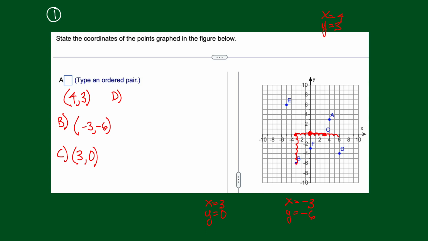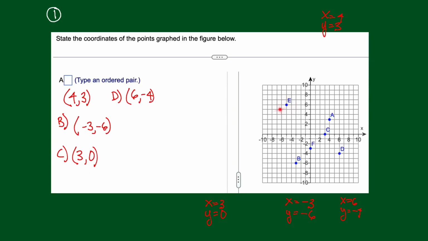I'll do it over here in the very bottom right. So X is 6. And then starting at that point, let's go down. 1, 2, 3, 4. So the Y is going down, negative 4. So our coordinate D is, I'll write it up here in the big white space, this ordered pair, 6, negative 4.